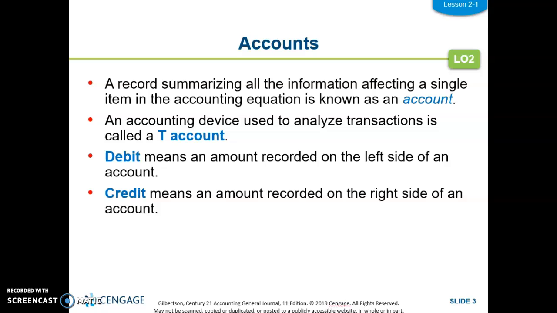Common abbreviations are DR for debit and CR for credit. So we get the DR for debit even though there's no R, just because of the Latin word that it comes from. In an accounting system, the terms mean only the left side or the right side of an account. Debit means an amount is recorded on the left side of an account, and credit means the amount is recorded on the right side.